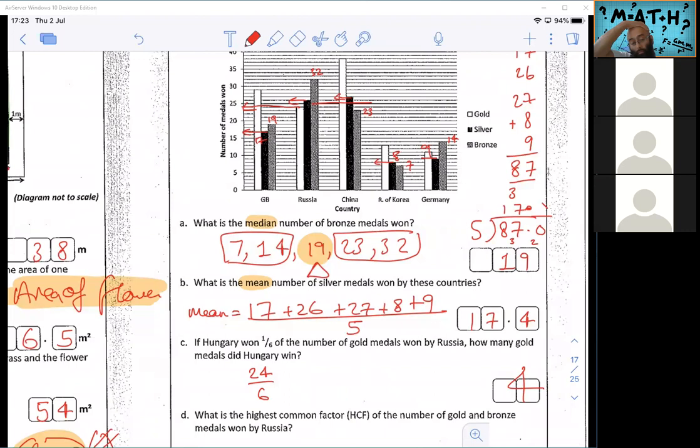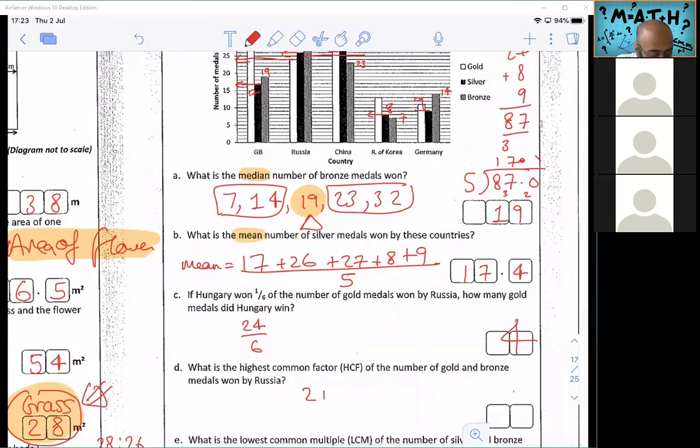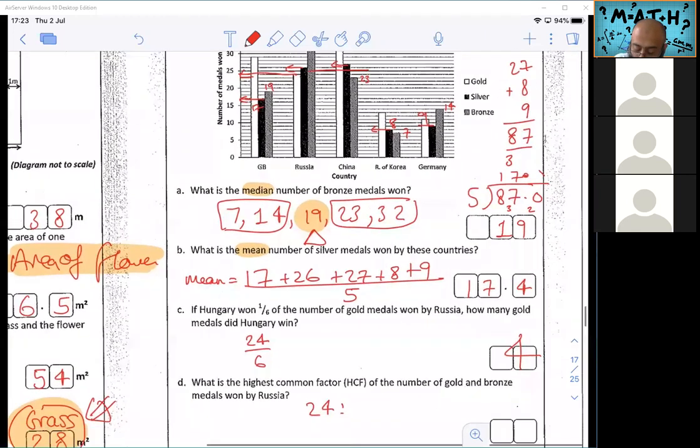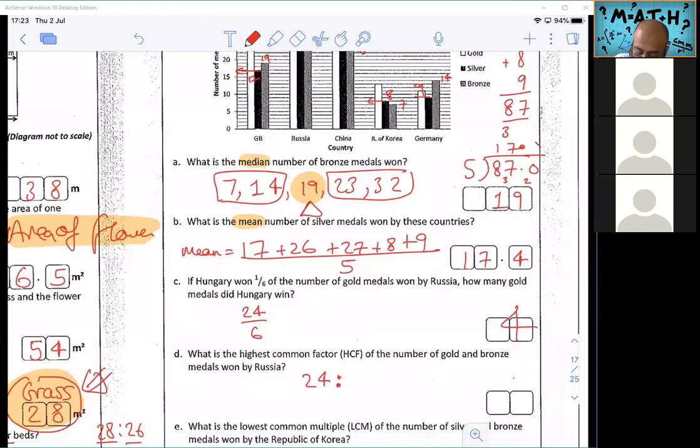What is the highest common factor of the numbers of gold and bronze medals won by Russia? Okay, so how many is the gold medals by Russia? So the gold ones are 24, and then the bronze ones, are you sure that's the bronze? 32.